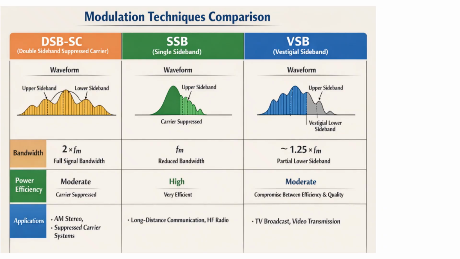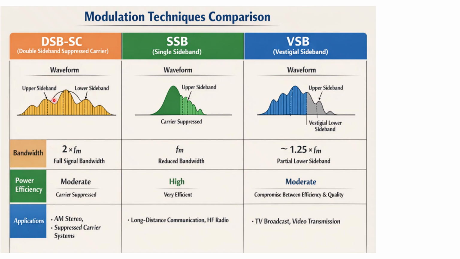So here is the overview: modulation techniques comparison. Primarily, the types of modulation we have discussed so far are DSB-SC, SSB and VSB, right? DSB-SC means double sideband suppressed carrier, then single sideband, and this is Vestigial sideband.